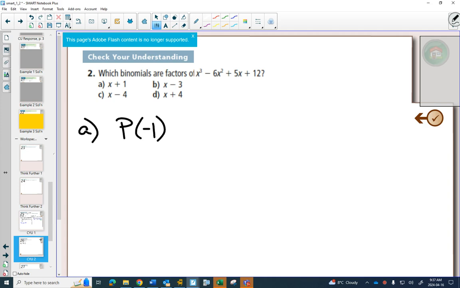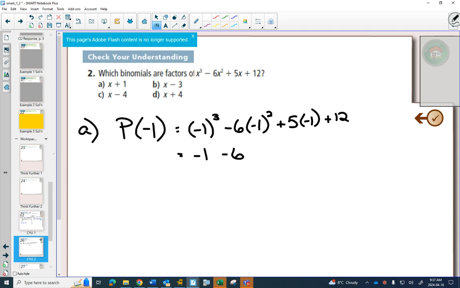If I plug in -1, I would get -1 cubed minus 6 times -1 squared plus 5 times -1 plus 12. And now it's just the mental math. A negative cubed is still negative. A negative squared is a positive 1, times that -6 will be -6. 5 times -1 will be -5, plus 12.